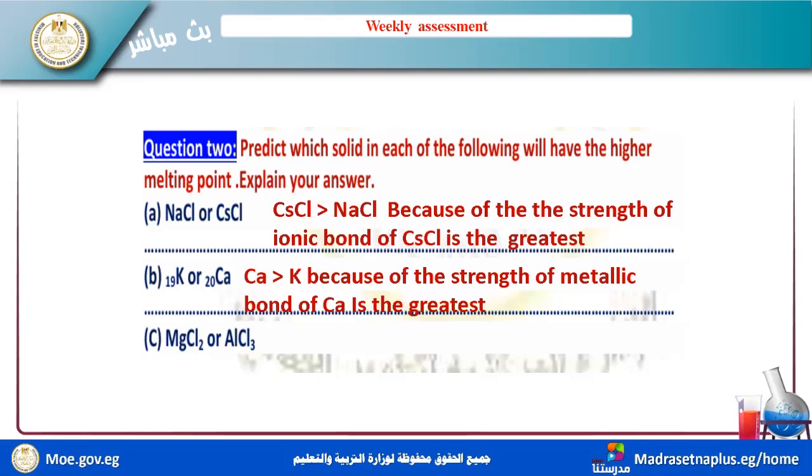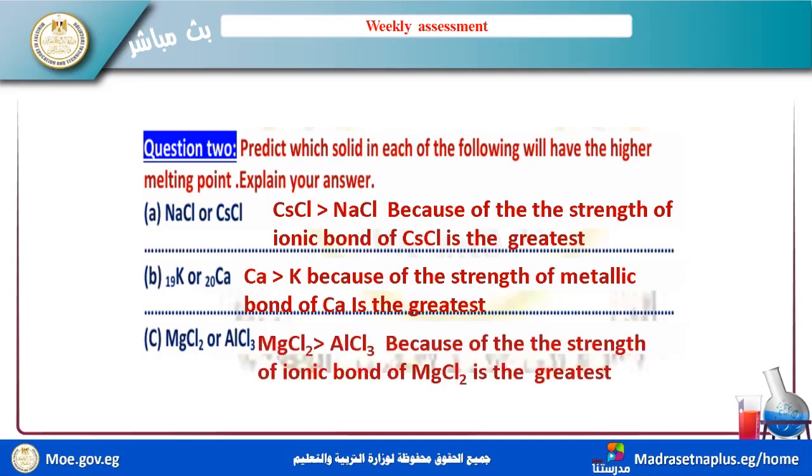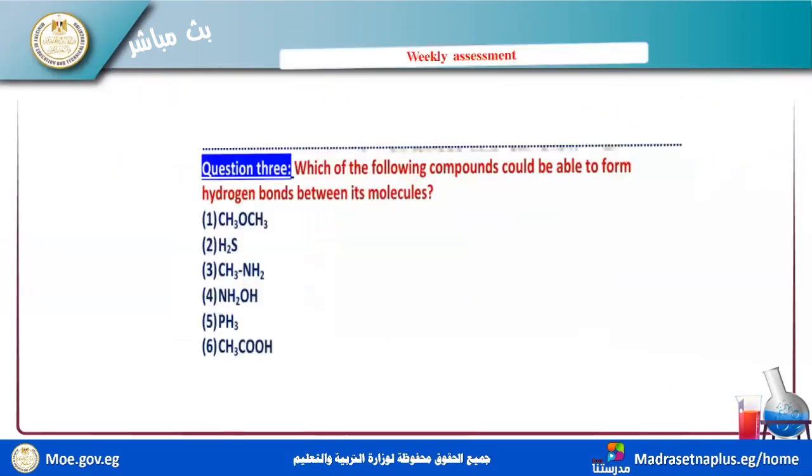Magnesium chloride or aluminum chloride? MgCl2 is higher than AlCl3 in ionic character, because the electronegativity difference of AlCl3 is less than MgCl2, so MgCl2 is higher than AlCl3 because the strength of the ionic bonds of MgCl2 is the greatest.